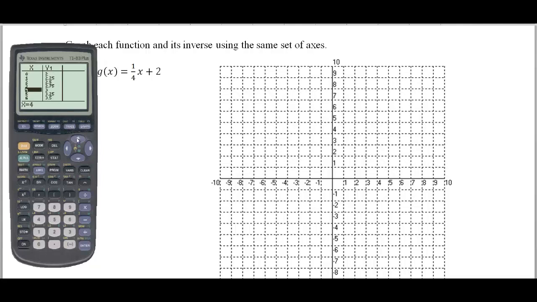So 4 looks like a pretty good deal there, and so does 0, and so does -4. Those look like pretty easy points to plot, so let's go and do that. My points were -4, 1, 0, 2, and 4, 3. Alright, so there's my line, drawing like that.